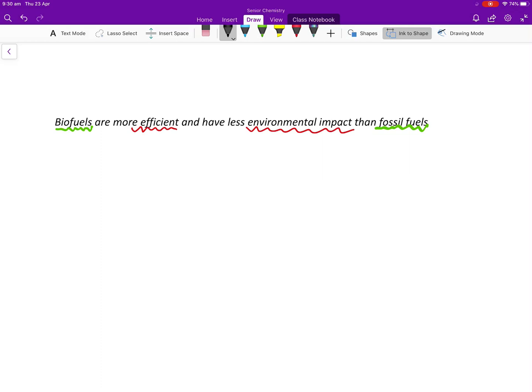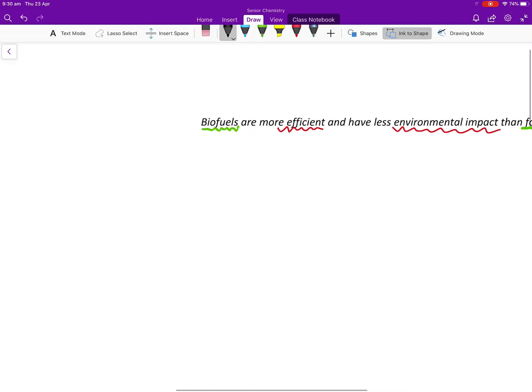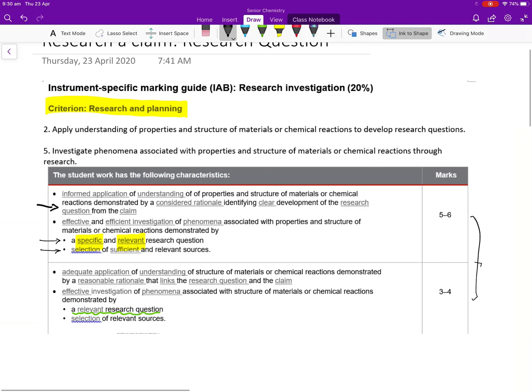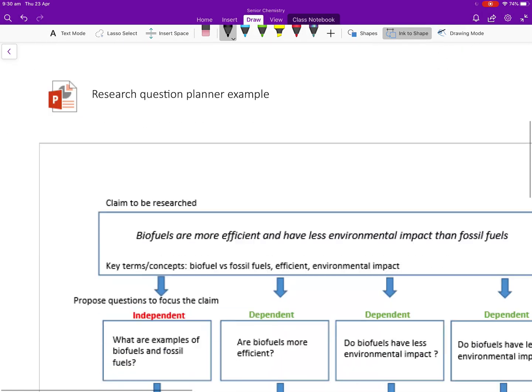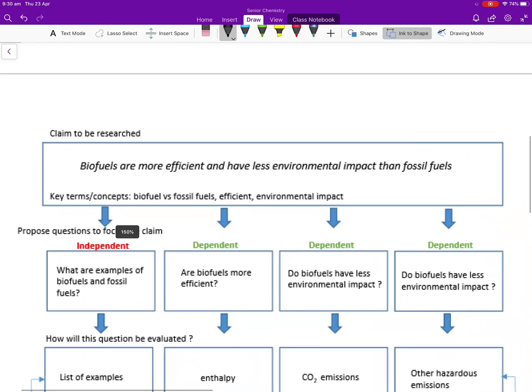Now, so again, we've got our independent variable, comparing our biofuels and our fossil fuels, and we've got two ways to assess it, and it needs to be based on efficiency and environmental impact. So, what you have is a planning document that you need to fill out, and in this planning document, it's all about trying to work towards a specific and relevant research question, but you need to be very flexible when you do this.